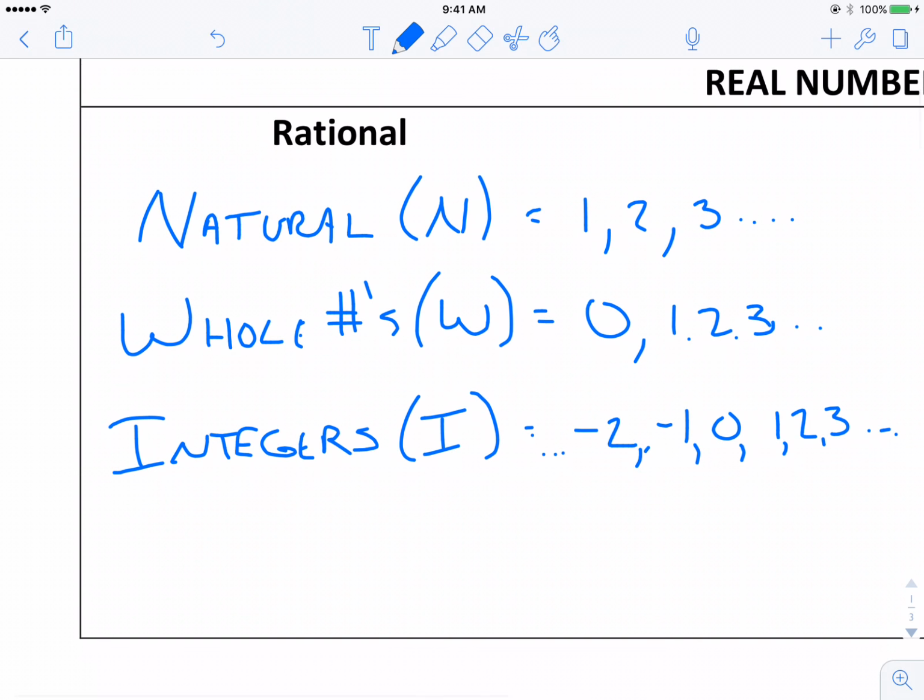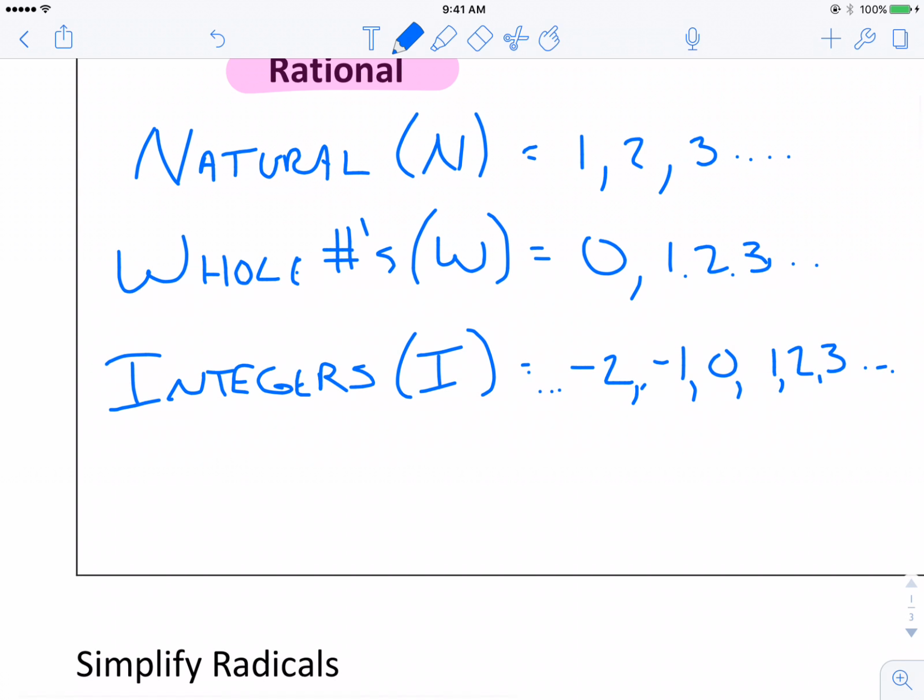And then after that, we have the big group, which we now collectively call rational numbers. These numbers include your decimals, your fractions, your long digit numbers. For example, -5.37, 3 over 4, and many more.